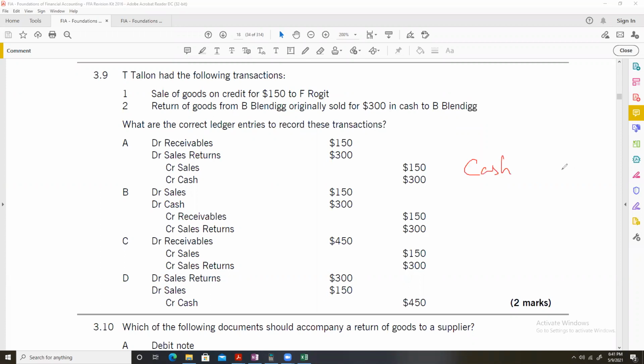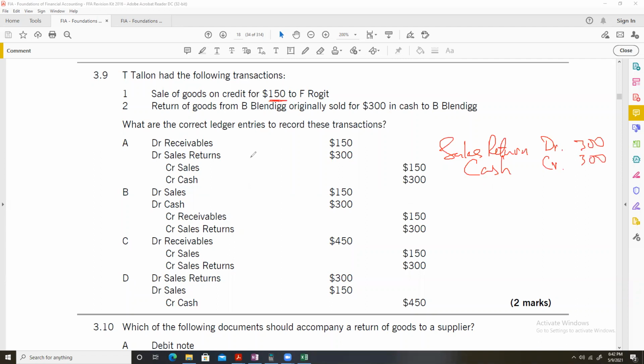We will have to return the cash that we received from the customer from whom we are receiving goods back. So we will debit the returns account, and we will credit the cash account by how much? $300.